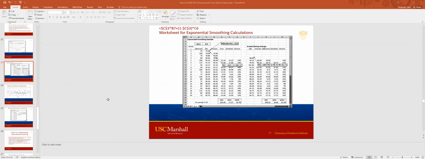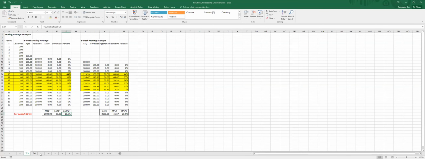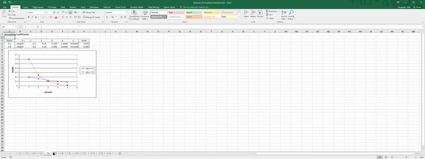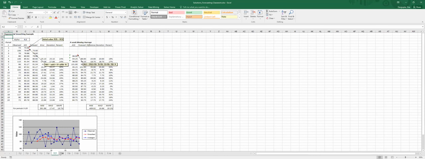I will go to this one here, exponential smoothing example. So the data that you have is for periods 1 through 20. And the observed values, you have 73, 106, 76, etc., all the way through 73.